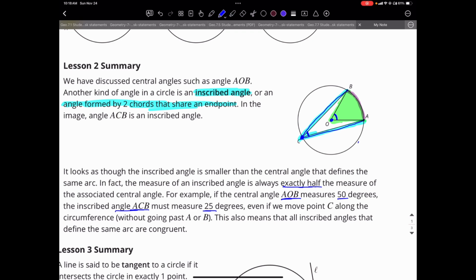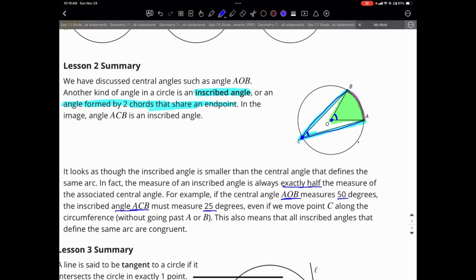Even if we move point C along the circle anywhere else on the circumference, without going past A or B, this means that all inscribed angles that define the same arc are congruent. So this is what that means.